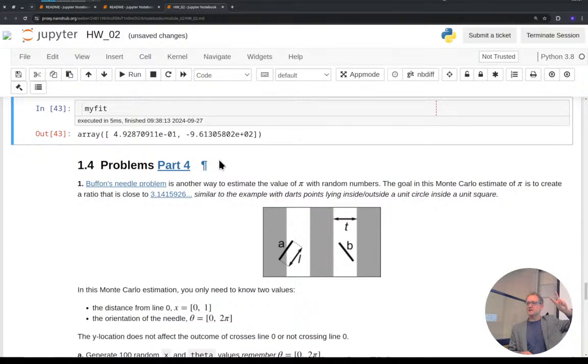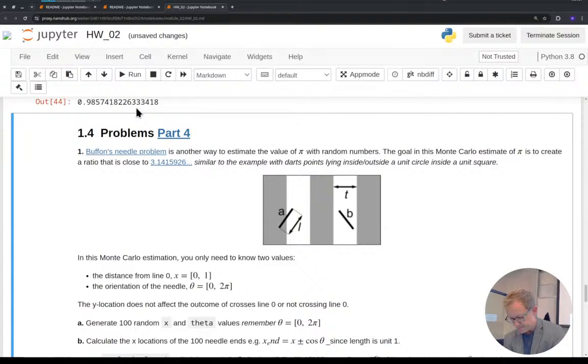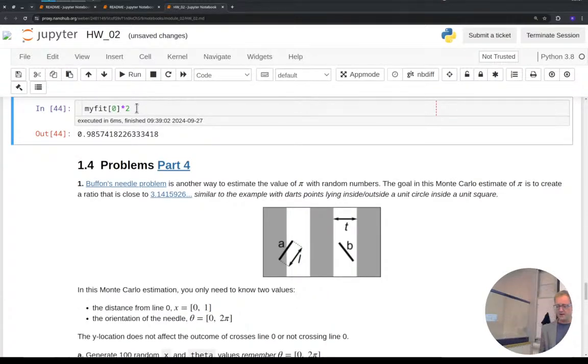So multiplied by 2, now it's saying every 0.98, right? I've got to multiply by 2, right? So every 0.985 years, it doubles.